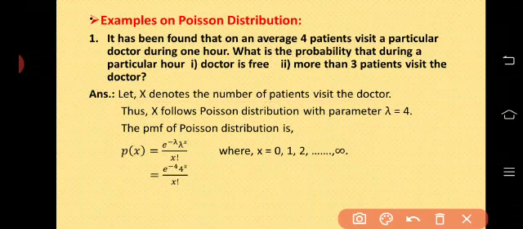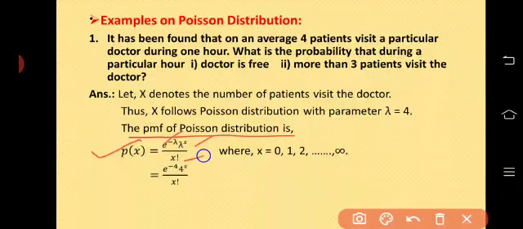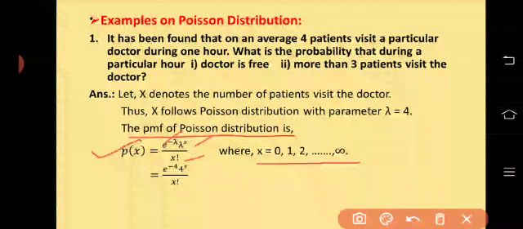Therefore, we will write the PMF, that is the probability mass function of the Poisson distribution. P of x equals e raised to minus lambda into lambda raised to x divided by x factorial, where x equals 0, 1, 2, and so on up to infinity.